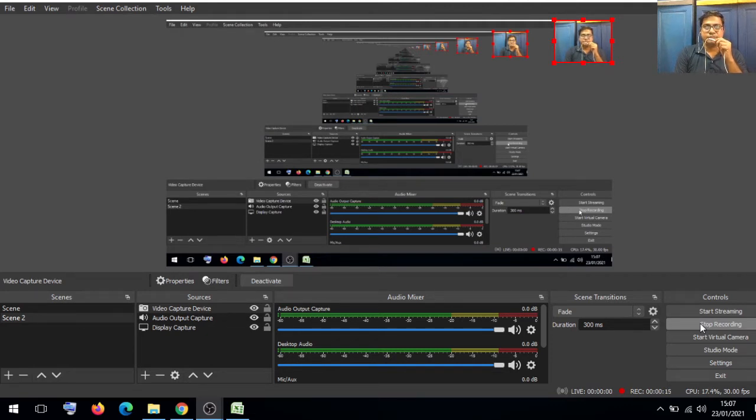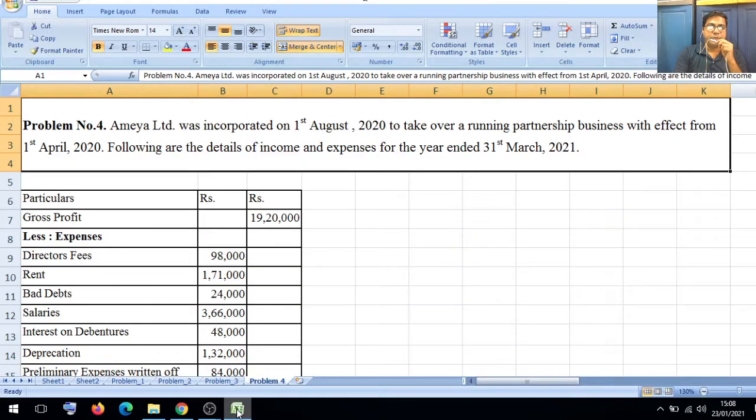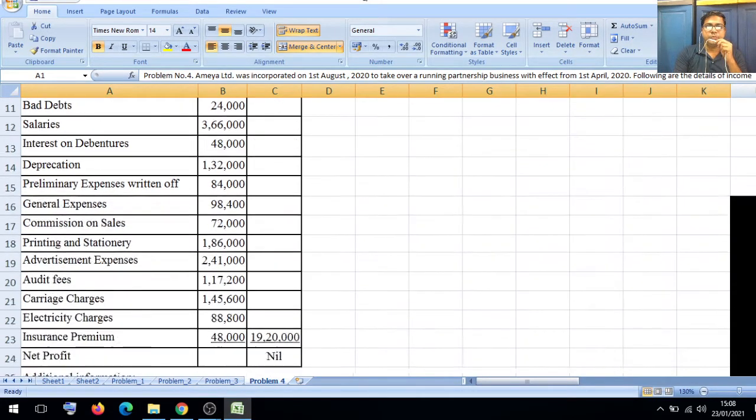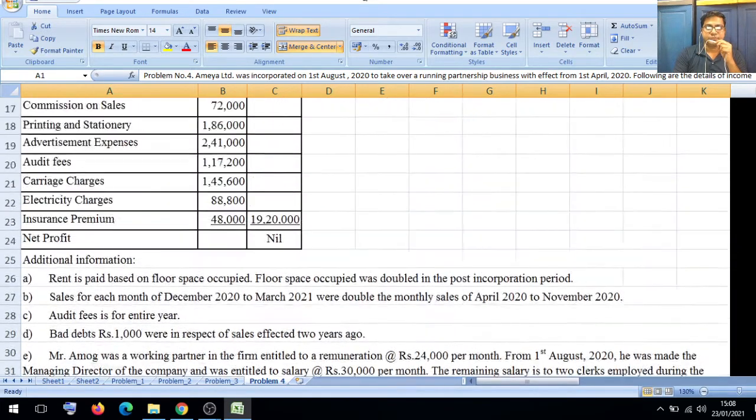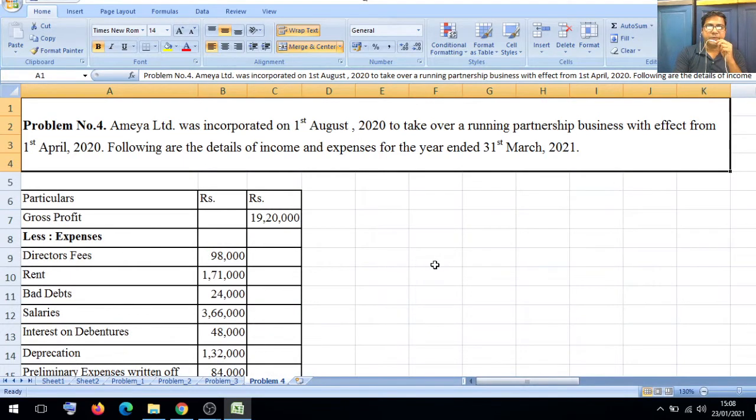Last lecture in our SY BCom semester 4, we studied problem number 4, which is related to the topic of pre-incorporation and post-incorporation period, and how we calculate our net profit.